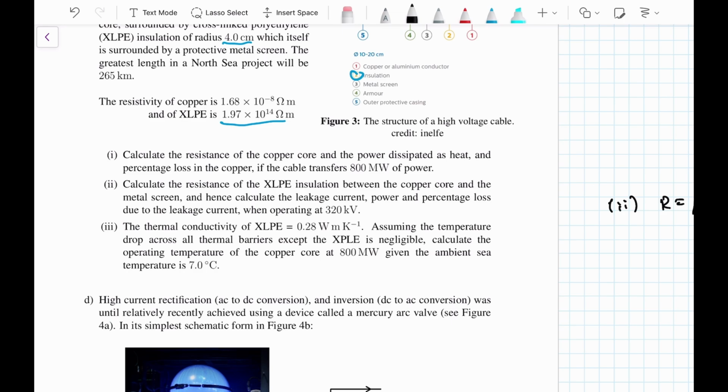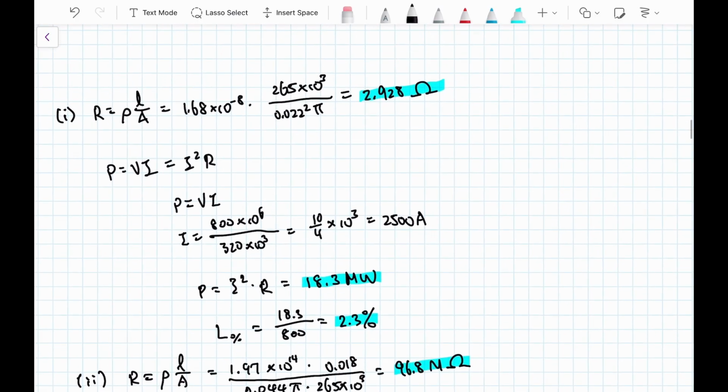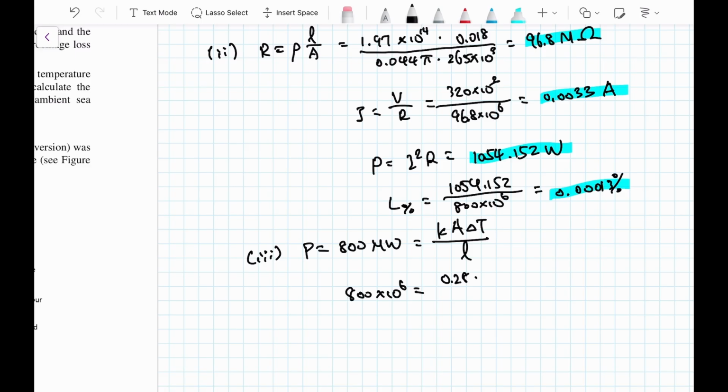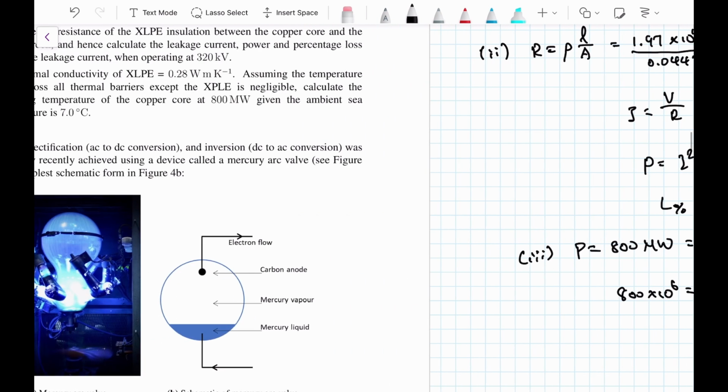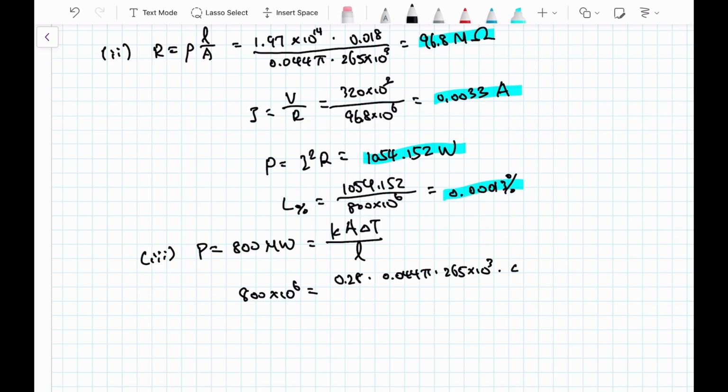The area is the same as I calculated earlier, 0.044 pi times the length. And then the difference in temperature, I'm just going to leave it as delta T.